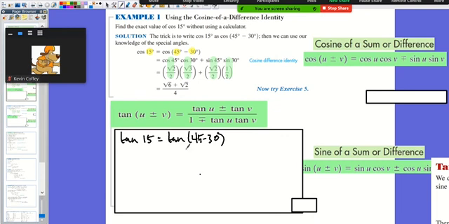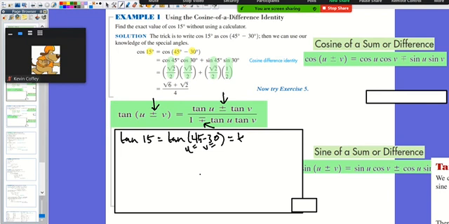Remember, this is u, this is v. In this case, look right here, the signs match. So if it's plus here, it's plus here. However, on the bottom, it is the opposite. If it's plus here, it's minus here, and vice versa. So watch how I do this.